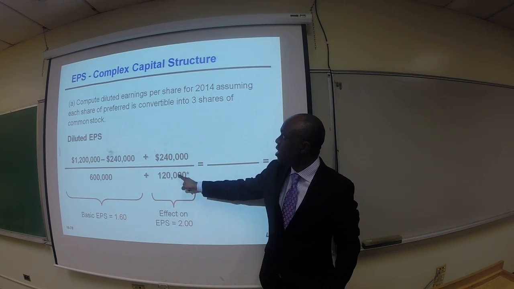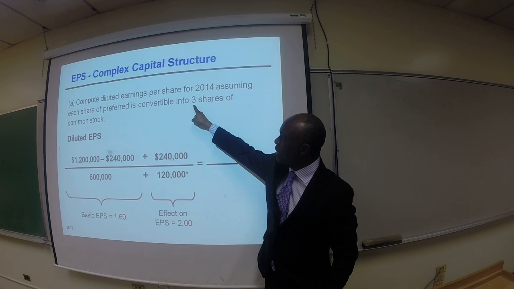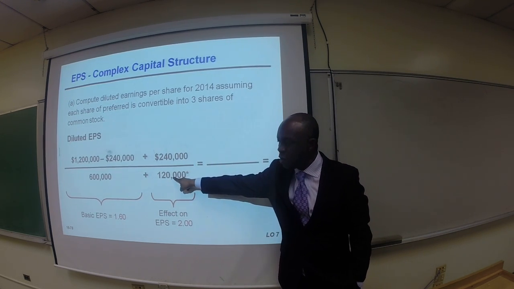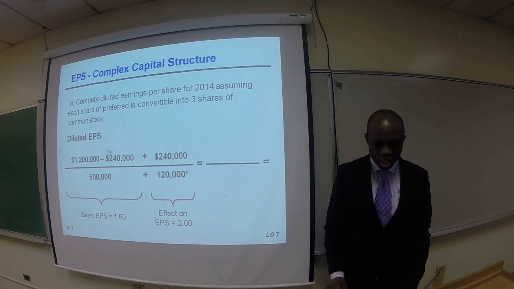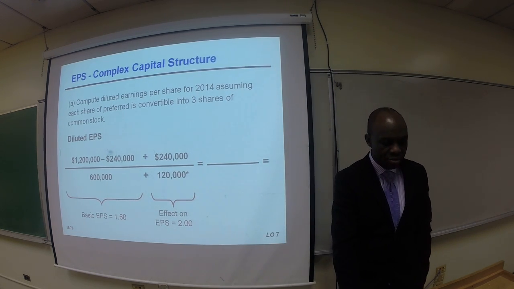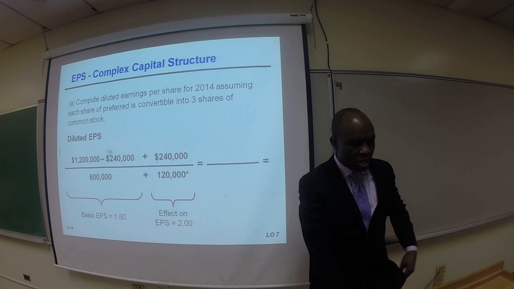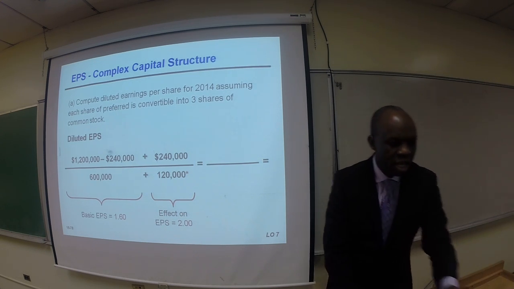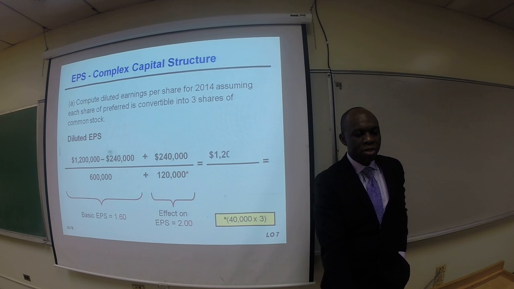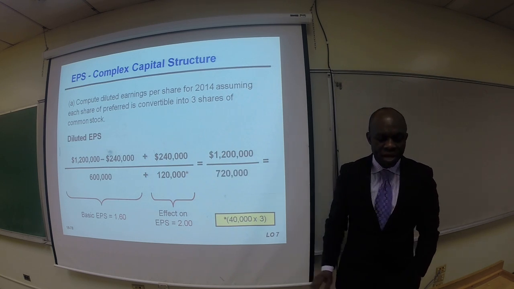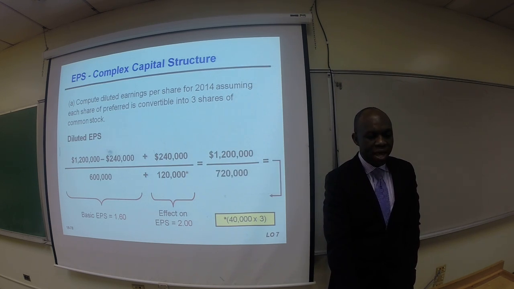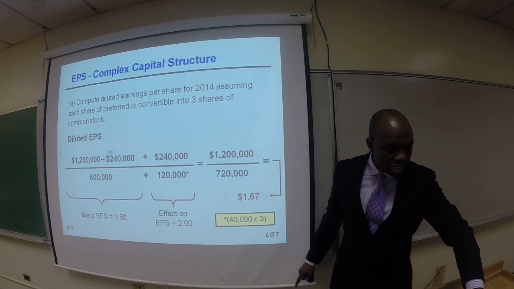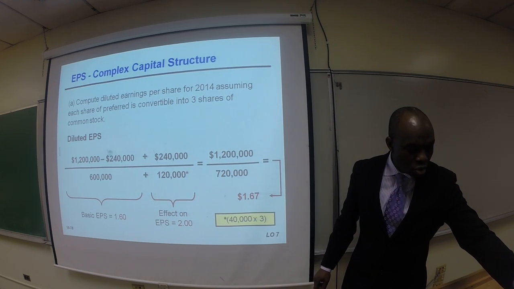Now we are assuming that the preferred stock is convertible into 3 shares of common stock. So we now have 120,000 shares here instead of the 200,000 that we had previously. If you do the math, you are going to find out that the diluted EPS is now $1.67.